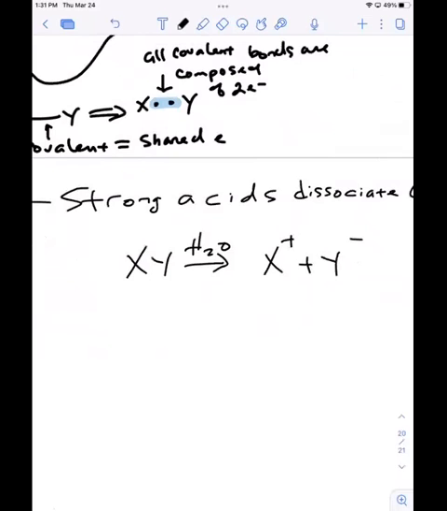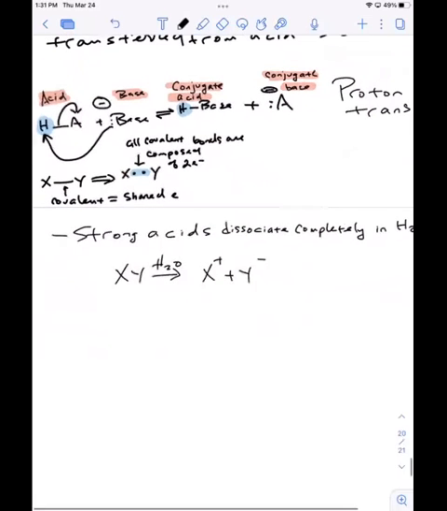And if it's a strong acid and you dilute it, then it's going to completely dissociate.